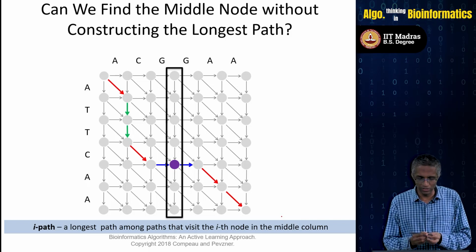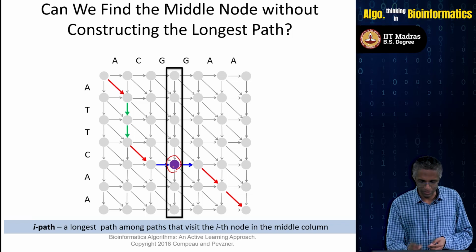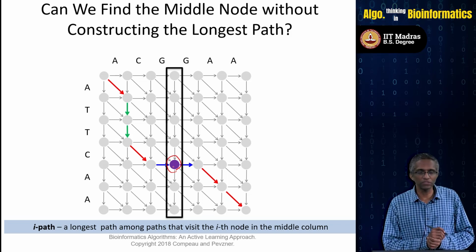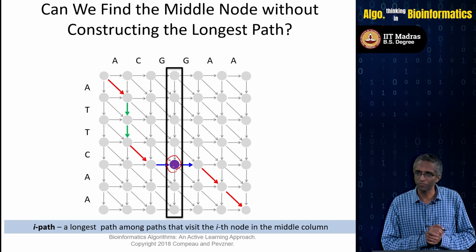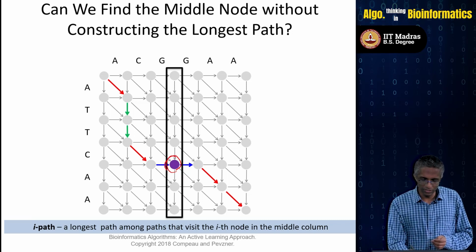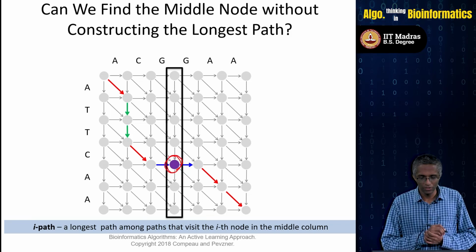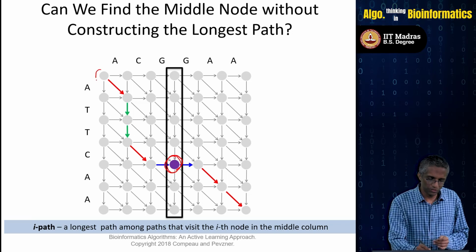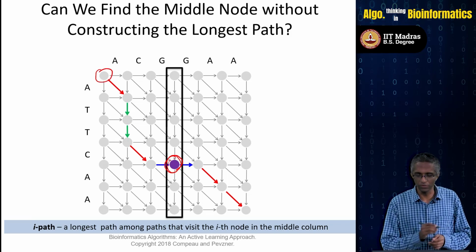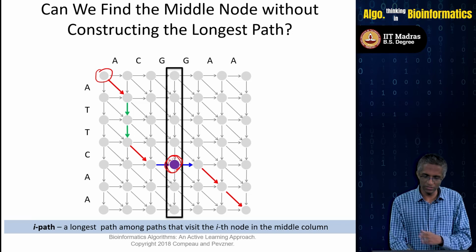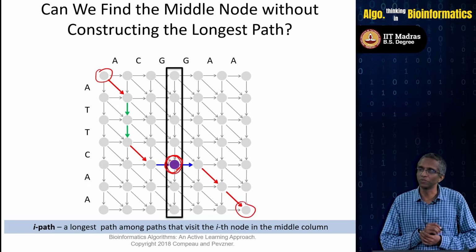If this were the node through which the longest path goes, then what will be the cost of the best path that goes through this node? Okay, so the longest path that goes through this middle node will be the longest path that goes from the source to this middle node, plus the length of the longest path that goes from this node to the sink node, right?